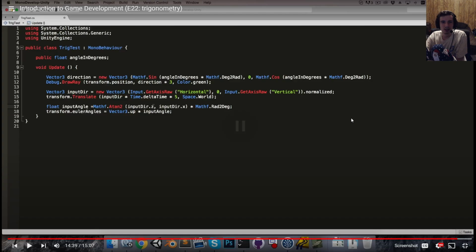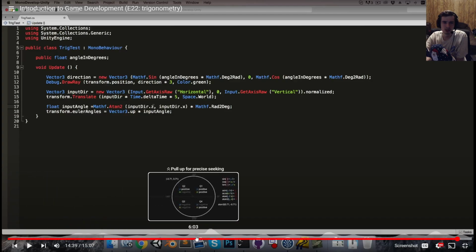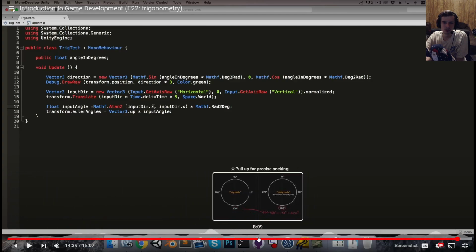Because this is working on the unit circle, not the Unity circle, like he showed over here. He calls it the trig circle and not the unit circle.